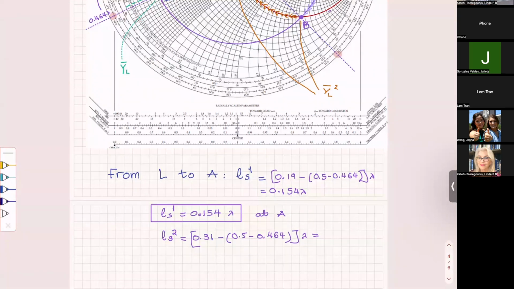LS2 is 0.274 lambda. So we found at point B.